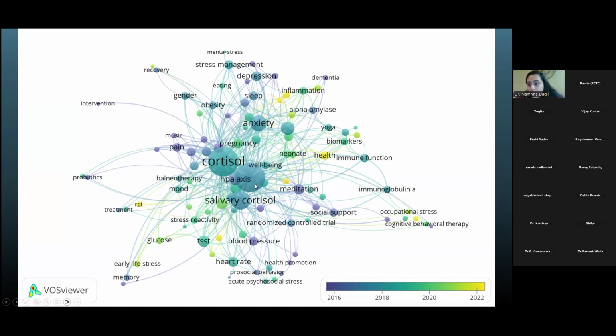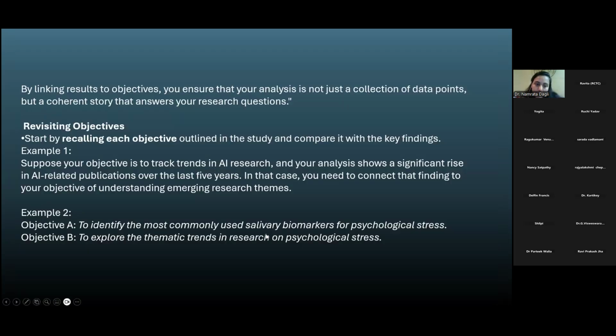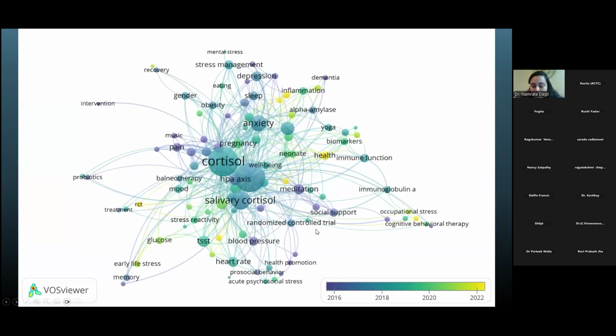So how am I going to find my answer here? Most commonly used salivary biomarker for psychological stress. Here, I can clearly see it's cortisol or salivary cortisol. Fine.